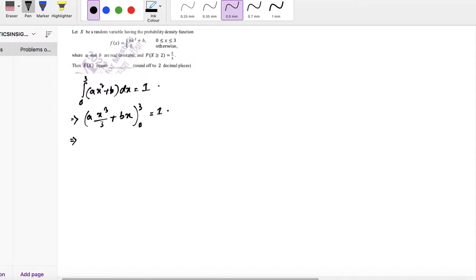So substitute the upper limit and the lower limit here. What we get? 9a plus 3b is equal to 1. Let's consider it to be equation number 1.